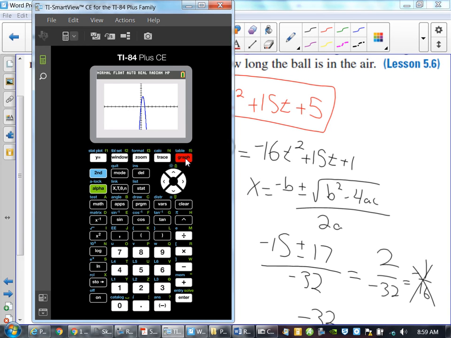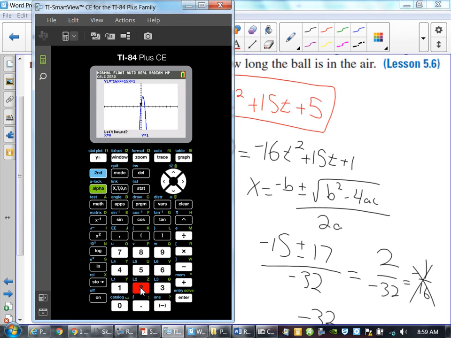I put in the equation, and then I got that the y-intercept is 1, not 5. So it's going up and down. Well, remember, we moved it over to set it equal to 0. So now, to calculate the 0, I'm going to hit second, calculate, option number 2.